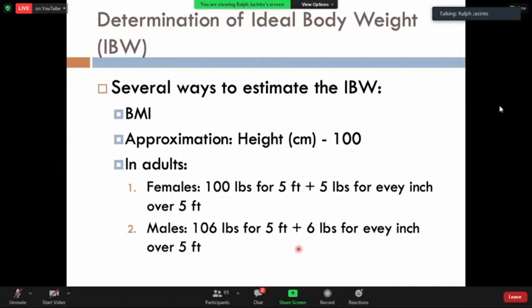So my ideal body weight would be 106 plus 6 times 5, 30 pounds, so 136 pounds. Clear? After this, you compute your ideal body weight and see if it's within your current body weight.